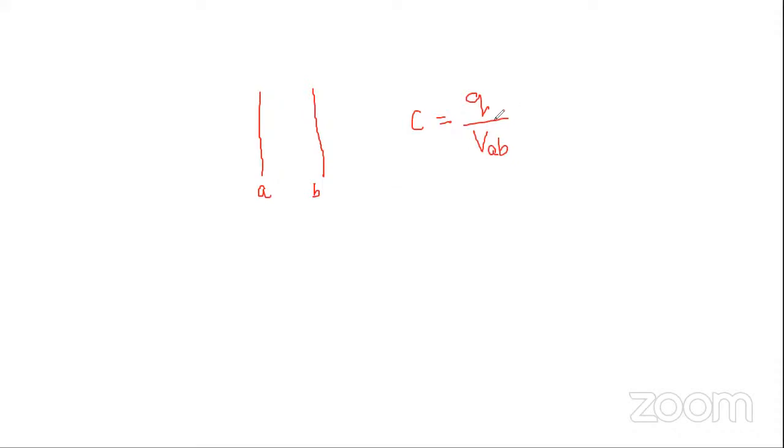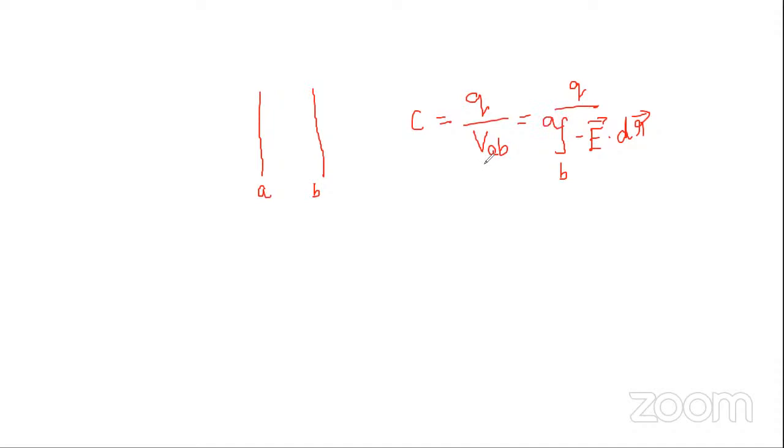And whenever you need to find VAB, what should you do? You should go for integration: the integral of the dot product of the electric field E with dr, with limits from B to A. This is how you find the capacitance value for a pair of conductors.